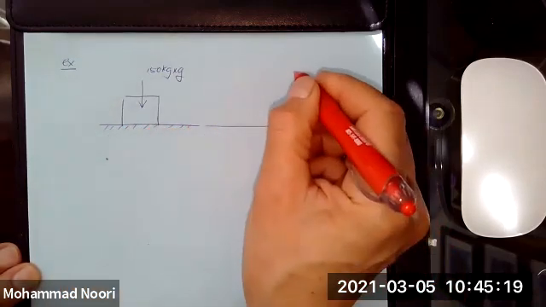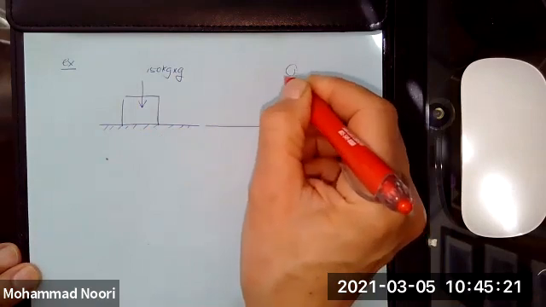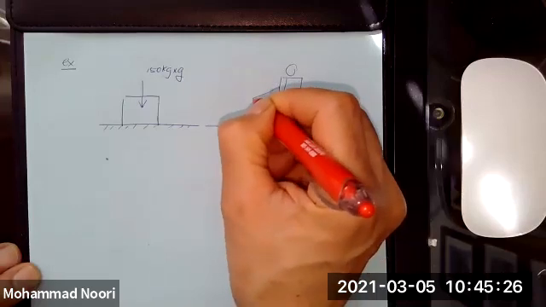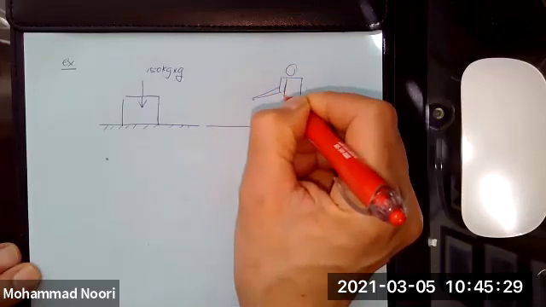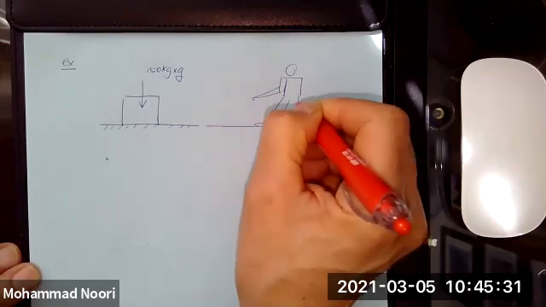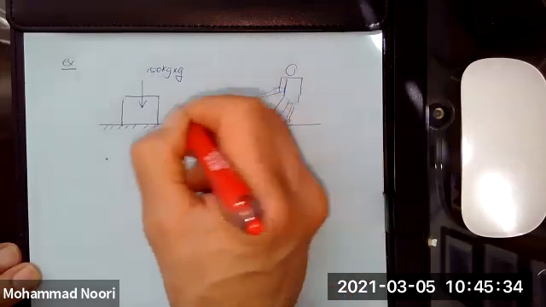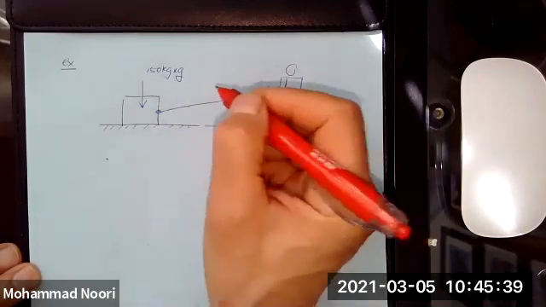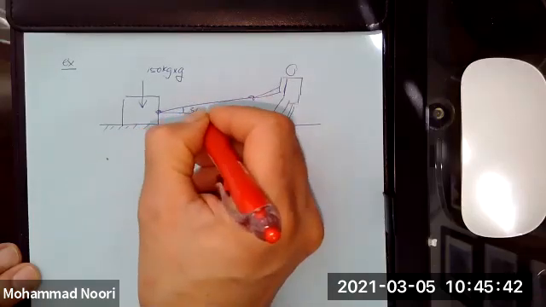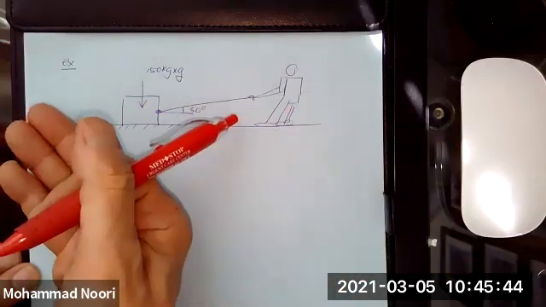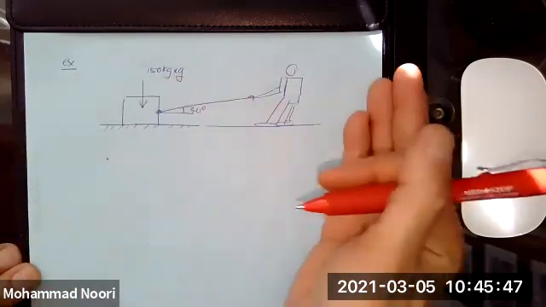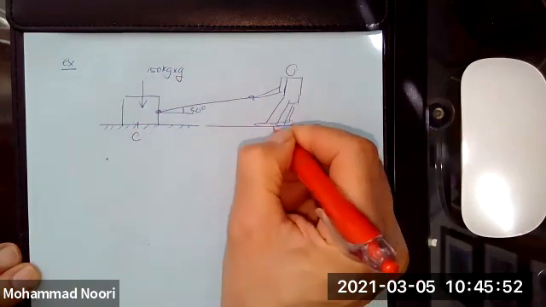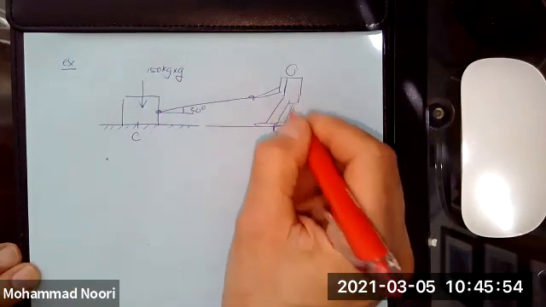This guy has attached a rope, a cable, at an angle of 30 degrees and is trying to pull this crate at point C, and the guy is standing at point D.